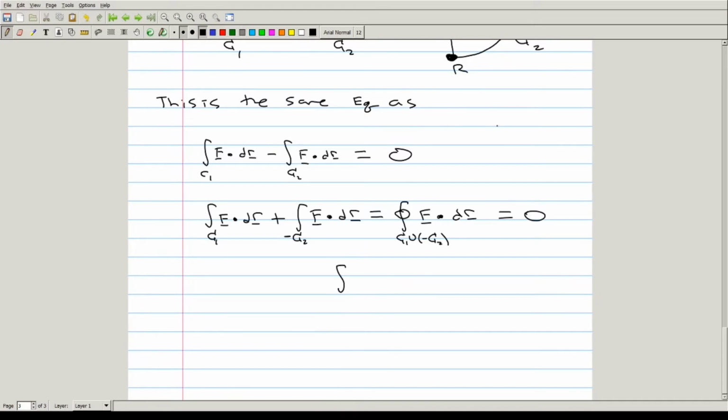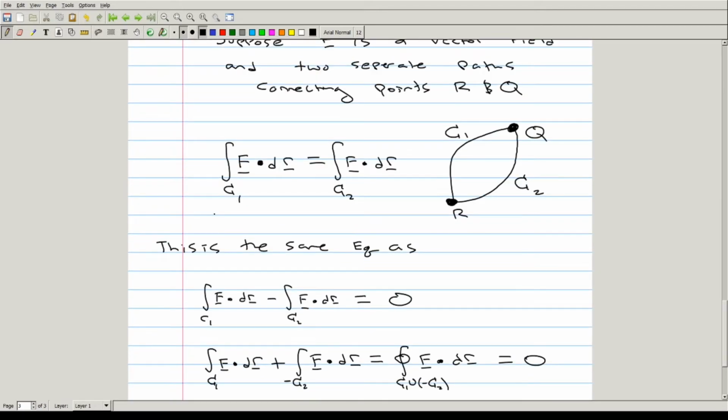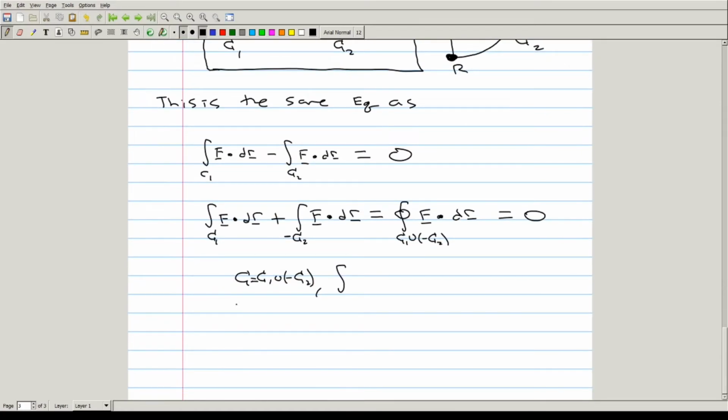Or if we call C the curve C1 union opposite direction C2, then path independence, which says that the line integral along any path has to be equal to one another no matter what path you take to traverse R to Q, is the same thing as saying the line integral along a closed curve C, found by taking the union of C1 and negative C2, of F is going to be equal to 0.